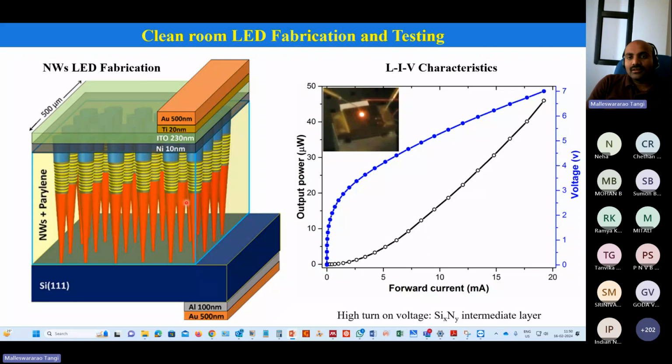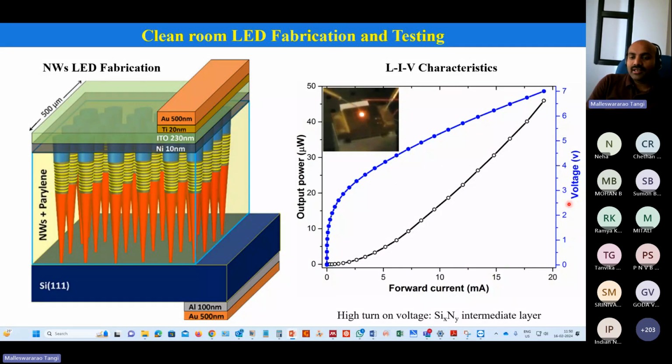Then we did electrical characterization. We tested these devices. In the LIV characteristics, you can see that as the forward injection current increases, output power increases. But if you see the voltage versus current, it has a slightly higher turn on voltage, around 2.5 volts. For state of the art LED devices, this is way lower.